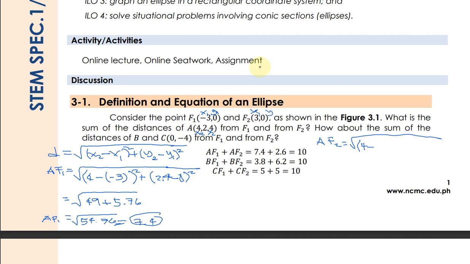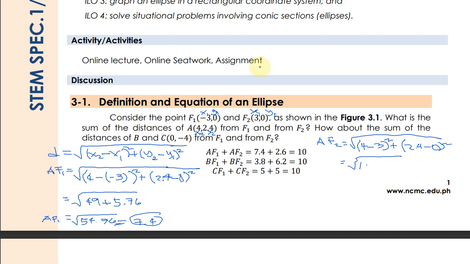X sub 1 and muna atong y sub 1. So minusan siya nato ni 3 squared plus 2.4 na pod minus 0 squared. So ang kalainan nila is kaninga part, no? Instead of may mo siyang plus aning dari sa pikas, so minus na siya. So 4 minus 3 is 1. 1 squared is still equal to 1.